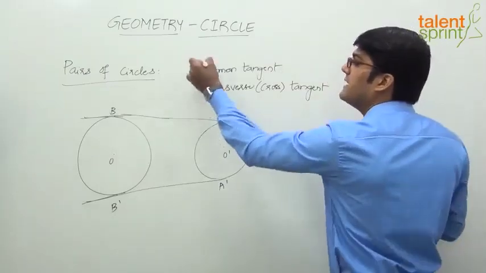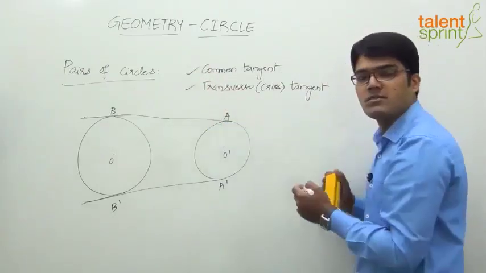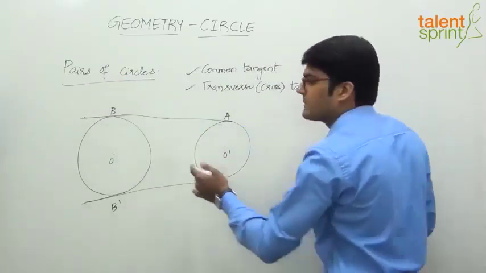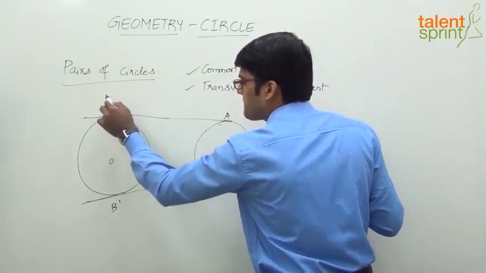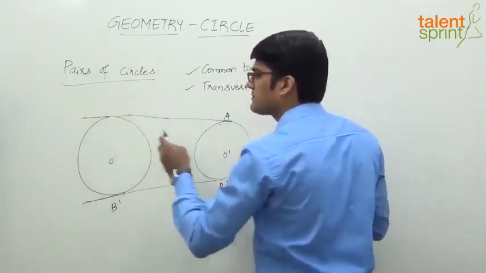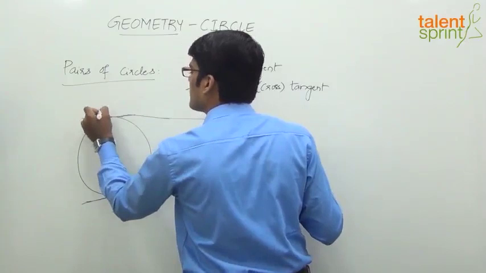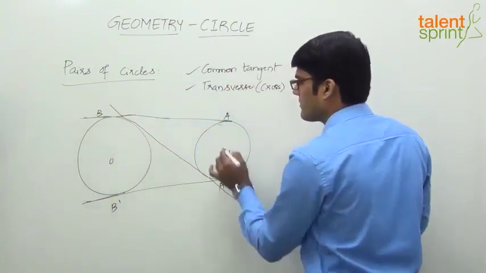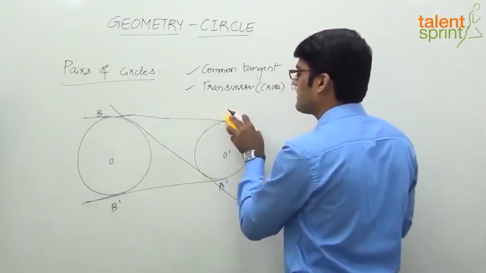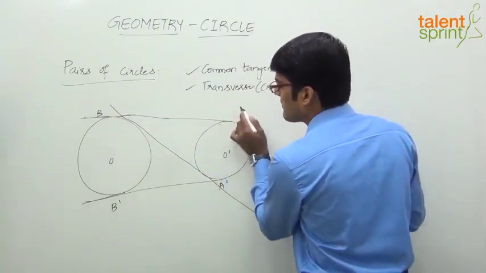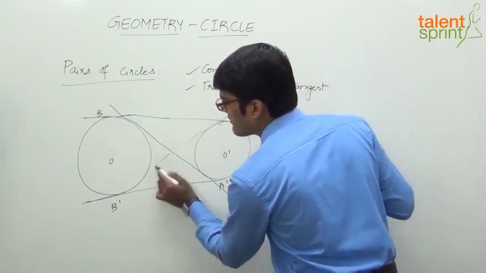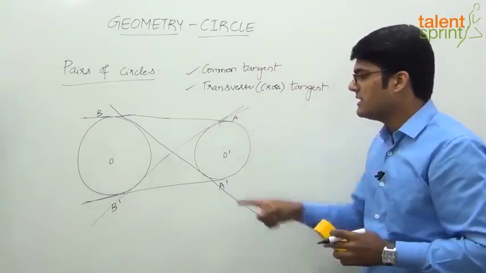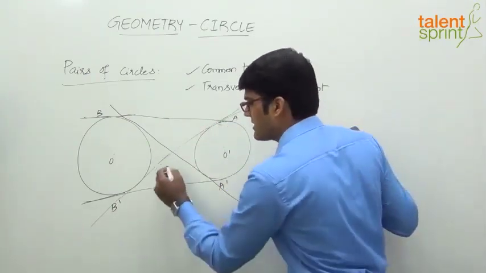Now the other category here is transverse tangents, or cross tangents. What are cross tangents? These are tangents which are not straight, I mean, these are like cross. So there will be two cross tangents possible. These two are called cross tangents.